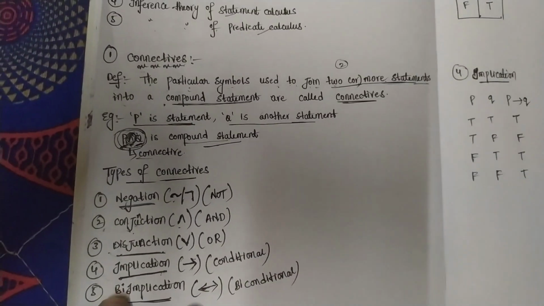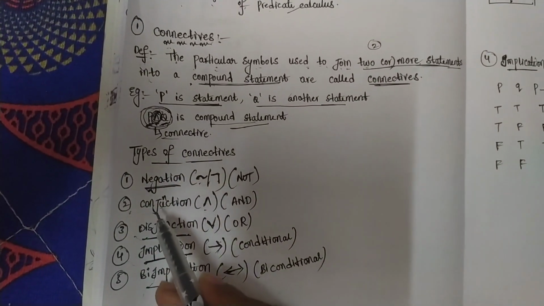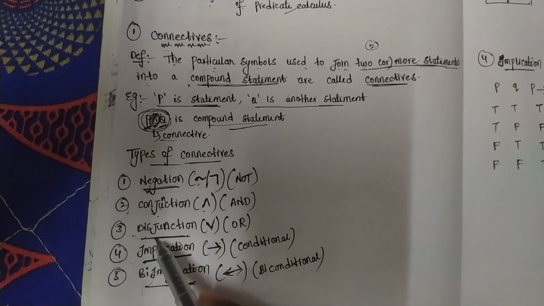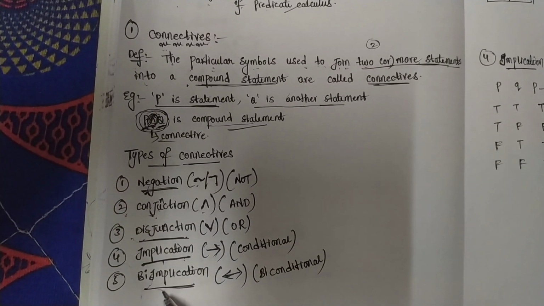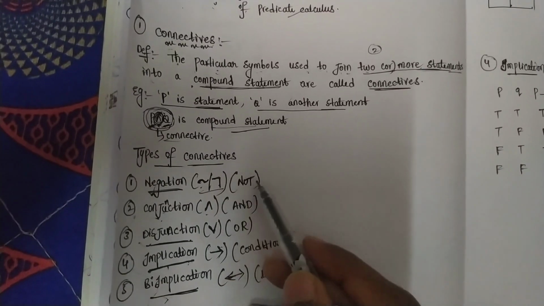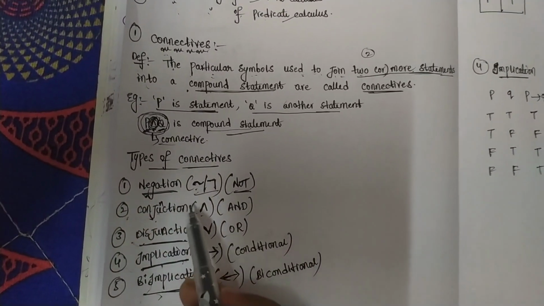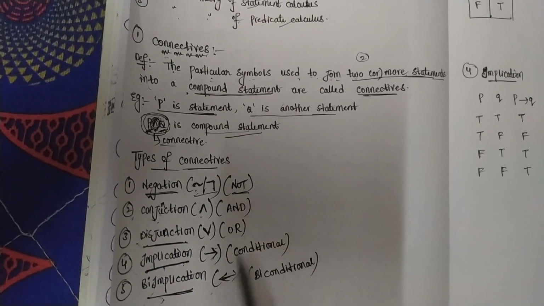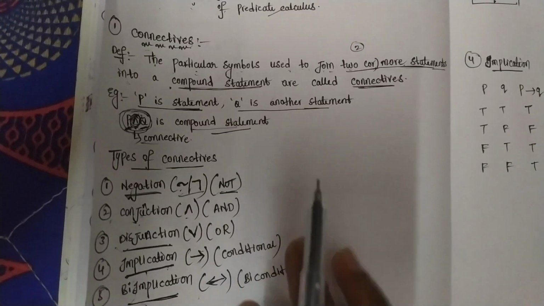These are the types of connectives. Again I am repeating: the first one is negation, second is conjunction, third is disjunction, fourth is implication, fifth is bi-implication. These are their symbols and the other names for these connectives.